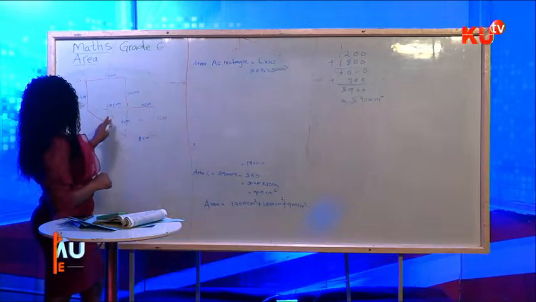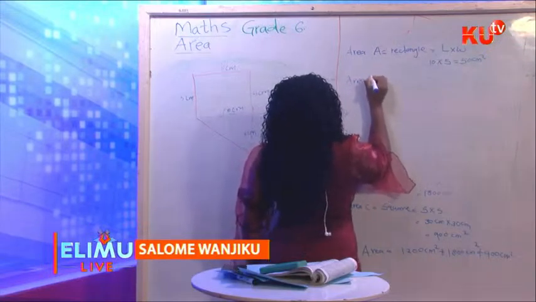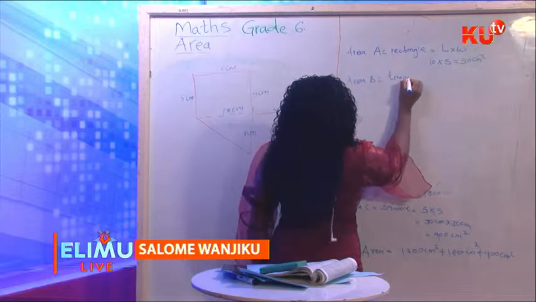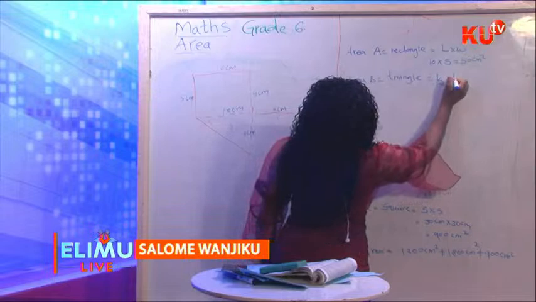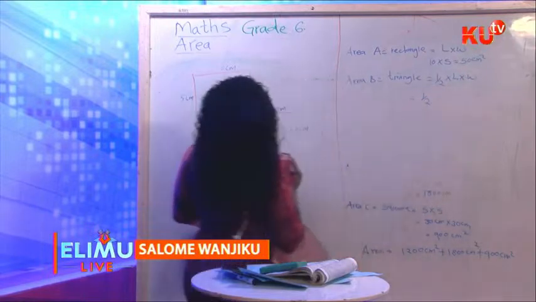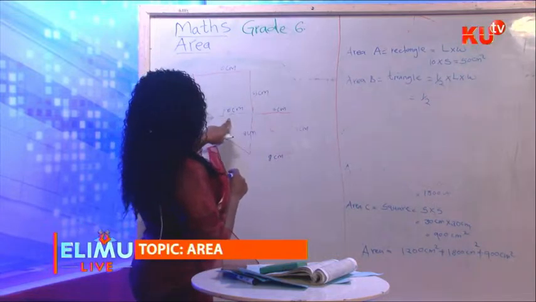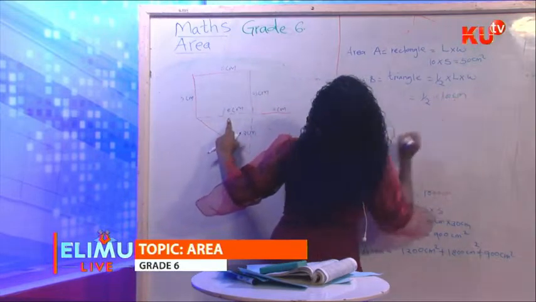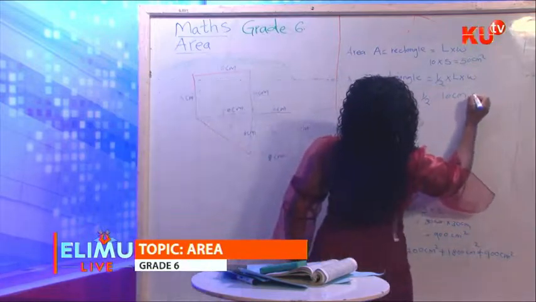Yes, then we have area B. Area B, which is equal to a triangle. And you know a triangle area is equal to a half multiplied by length multiplied by width, which will be a half multiplied by the length of our triangle, 10 centimeter, and the width of our triangle here is 8 centimeter.